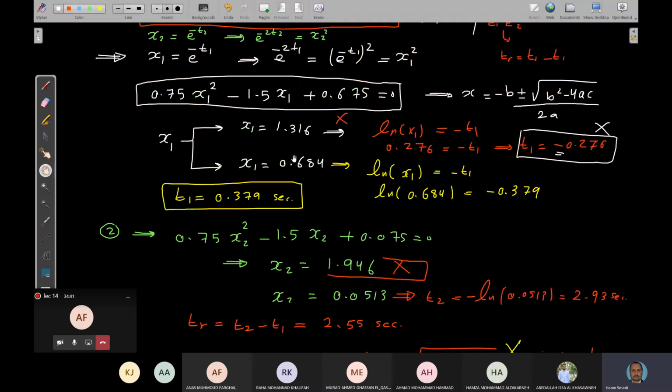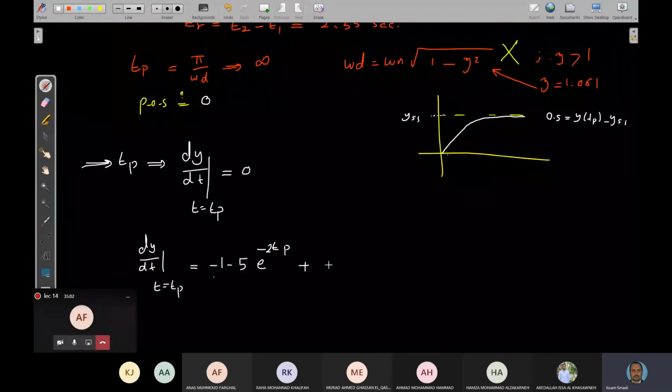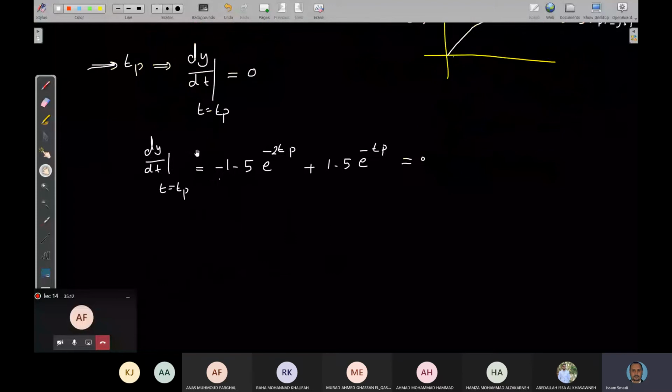And this will be the minus, and I have plus 1.5 exponential of minus TP. This will equal 0. Now, if I simplify this equation, I will end up with 1.5 exponential of minus TP times (1 minus exponential of minus TP) equal to 0.